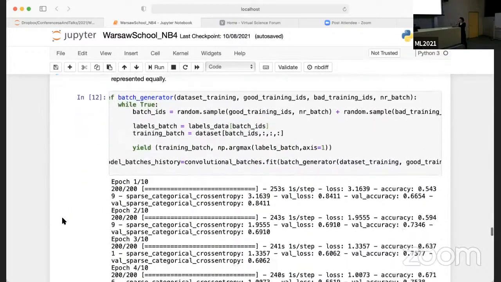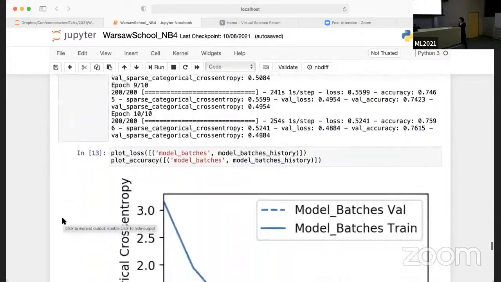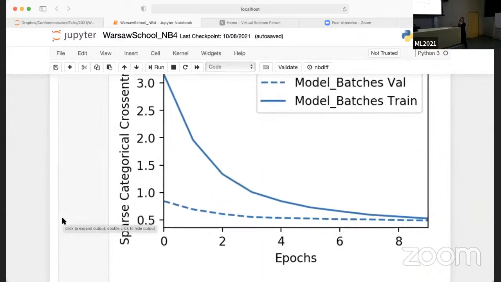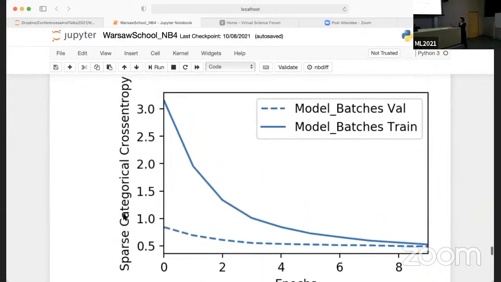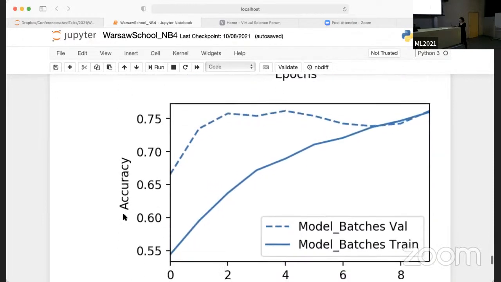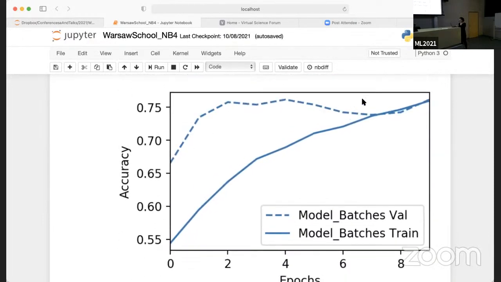So you create your custom batches, you retrain, and voila, beautiful agreement of the loss function, and beautiful agreement eventually on the accuracy. We have a very small validation set here, so that's why the anomaly at the beginning.